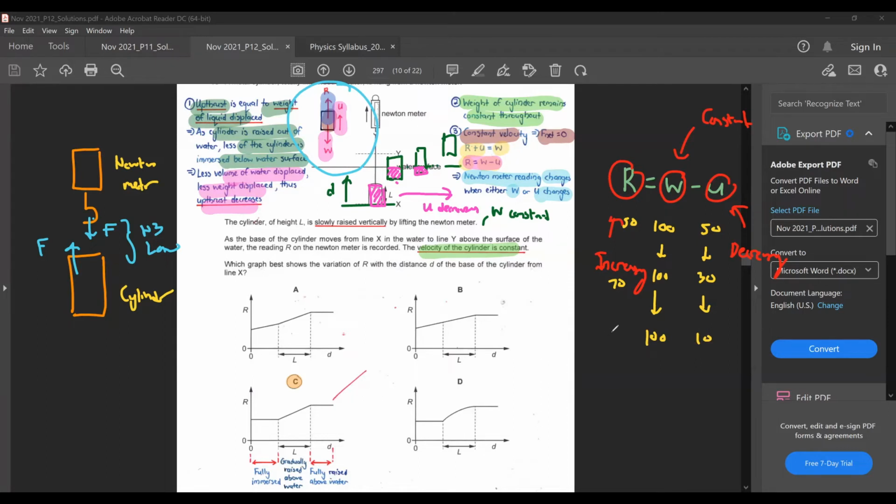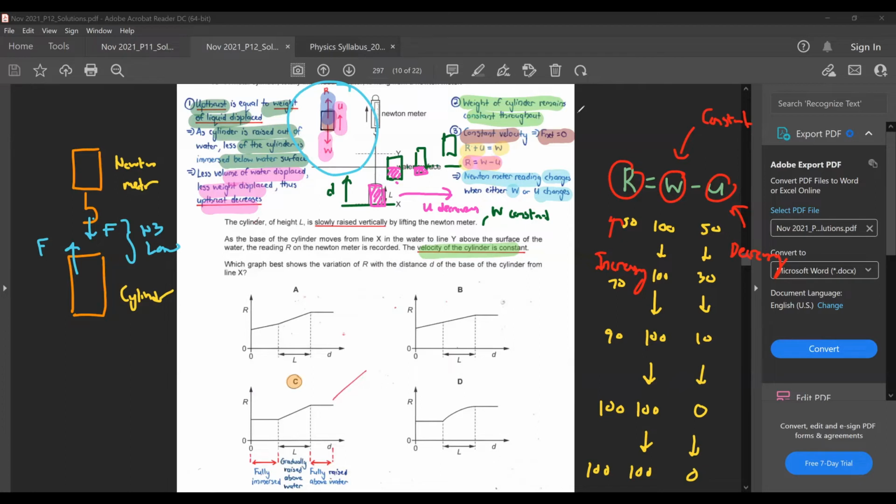My reading will be 90. And then say I really remove my cylinder completely from the water, upthrust is 0, weight is just the same, so the reading will be 100. If I keep lifting the cylinder out of the water, U will be 0, W will be 100, R will be 100.